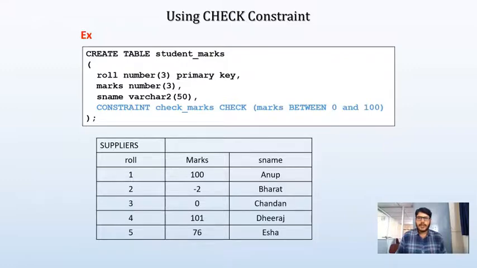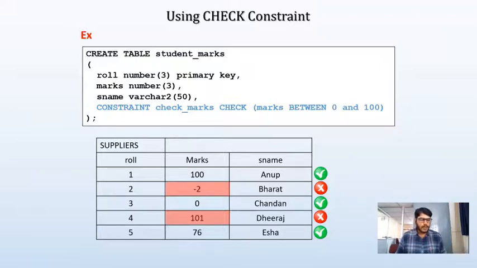As you can see, it will insert the first record, third record, and fifth record, but not the second one and fourth one, because these two values are out of range. It will not accept such records which have an out of range value for the marks column. So this is how check constraint is going to work.